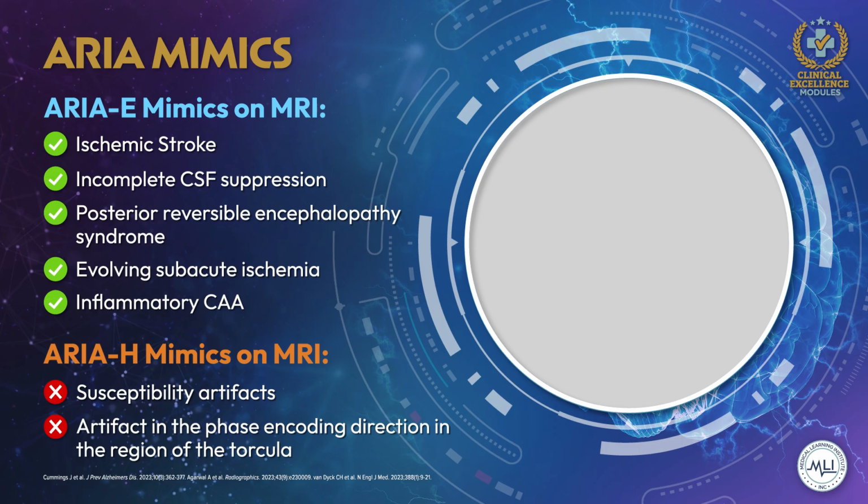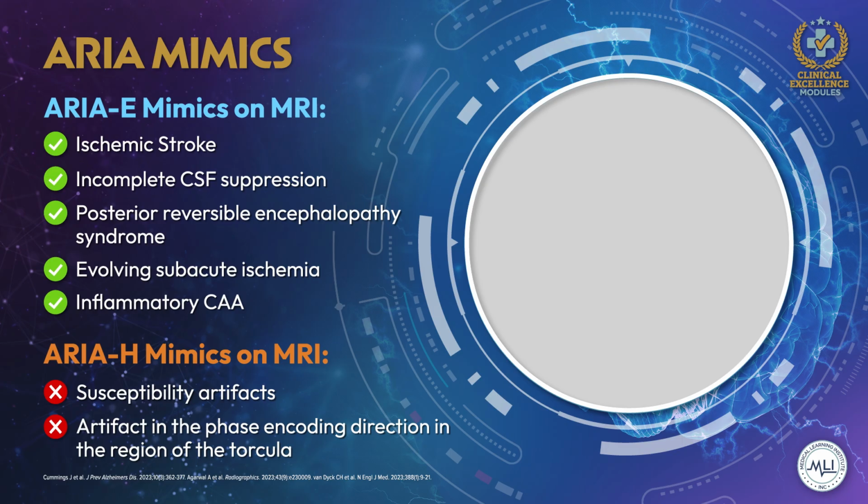Similar MRI findings are also seen in other conditions, including posterior reversible encephalopathy syndrome, evolving subacute ischemia, and inflammatory cerebral amyloid angiopathy, CAA-related inflammation. For this reason, awareness of amyloid-targeting therapy is critical when interpreting these imaging findings.